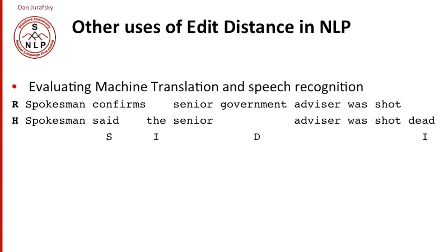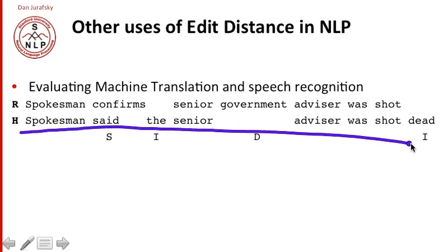Edit distance comes up all over the place. In machine translation, for example, we'd like to measure how well a machine translation system does. Let's suppose that our machine translation system represented some sentence, maybe translated from Chinese, as "the spokesman said the senior advisor was shot dead."